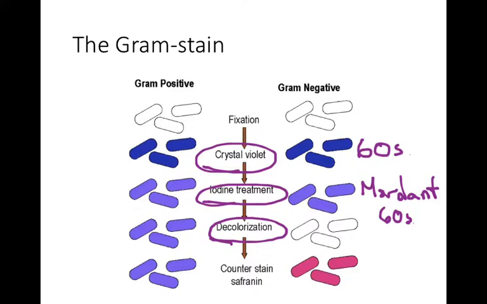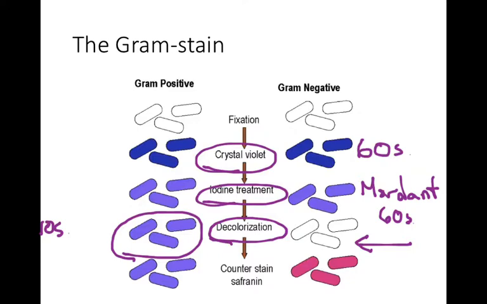And the decolorizer here will remove any crystal violet that has not been bound to peptidoglycan and is not locked within peptidoglycan. Gram-positive cells are going to retain the crystal violet and remain purple, whereas gram-negative cells will be destained at this process. The decolorizer we usually let only sit on for about 10 seconds, and afterwards you want to immediately rinse with water.